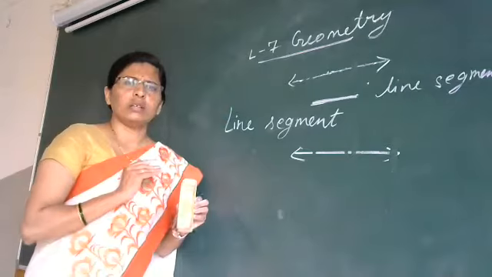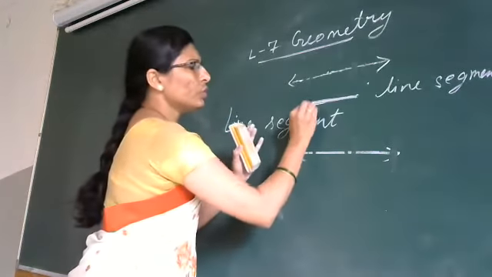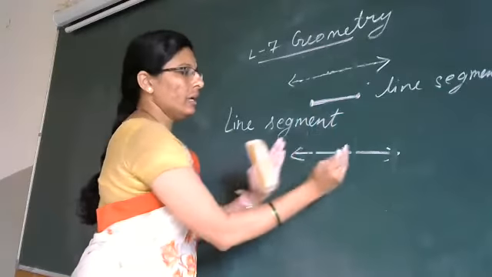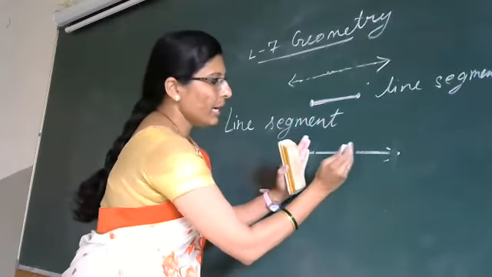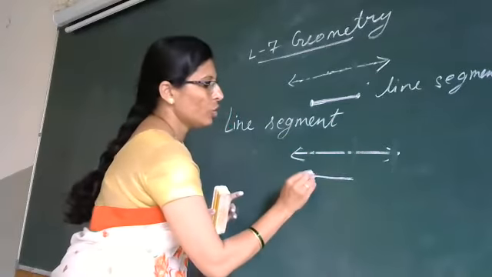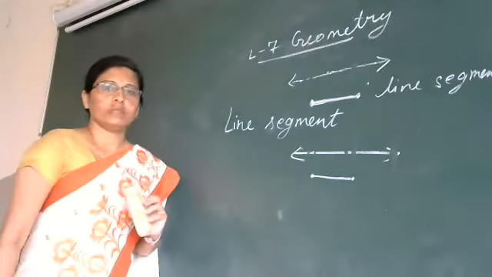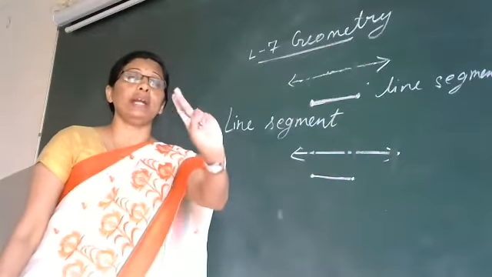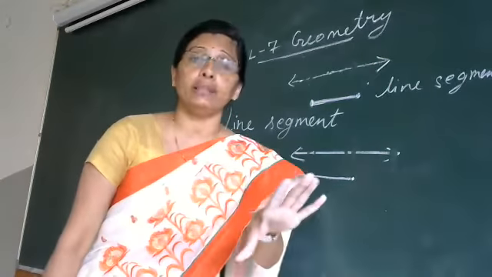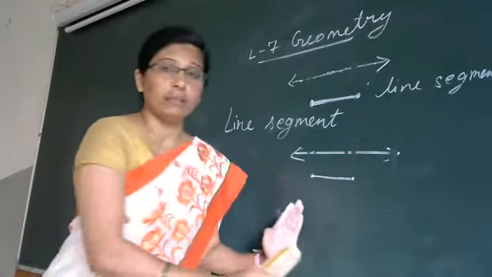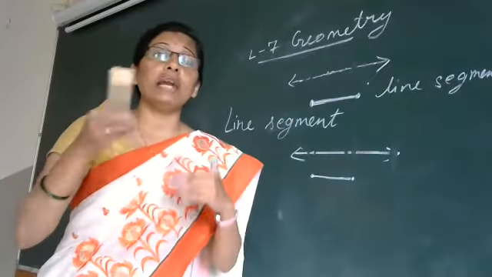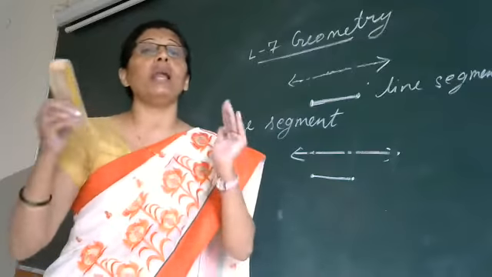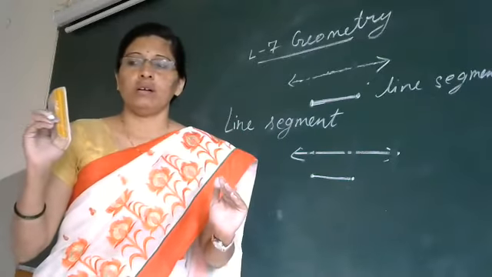It has two endpoints: one starting point and one ending point. A line doesn't have any endpoint, but a line segment has two endpoints and it has a proper length. From a line we can remove 5 centimeter, 2 centimeter, 3 centimeter, so it has a fixed length.